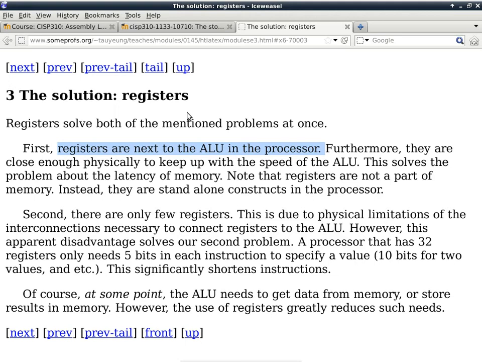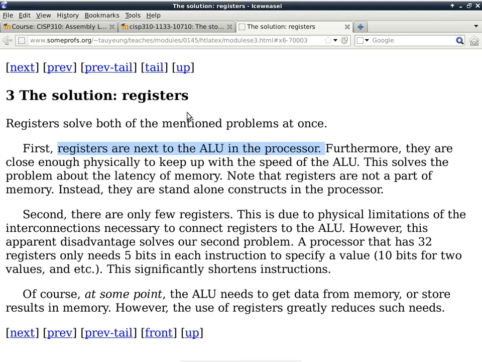These paths are relatively short, where the registers can fully keep up with the speed of the ALU. If your ALU is capable of doing 2 billion calculations per second, the registers can feed and store values at the same speed, unlike memory. Okay, so that's the first thing.